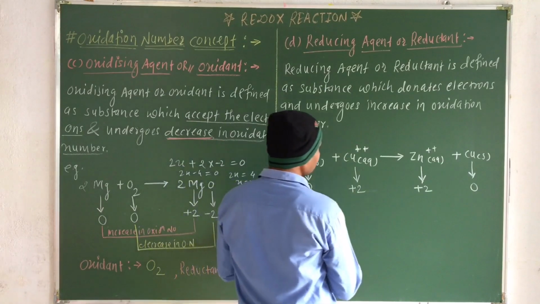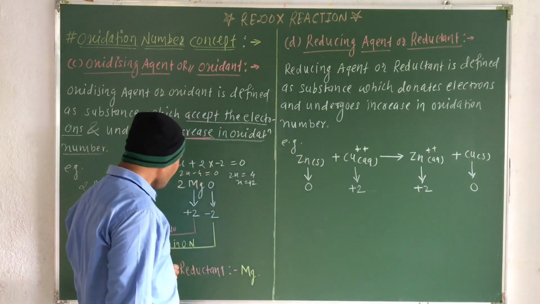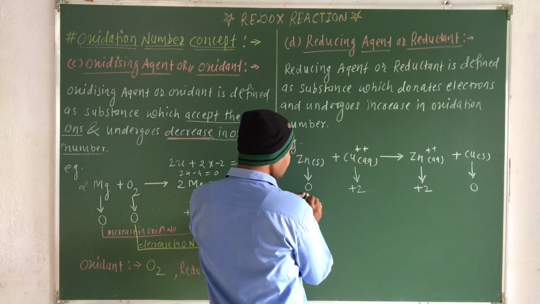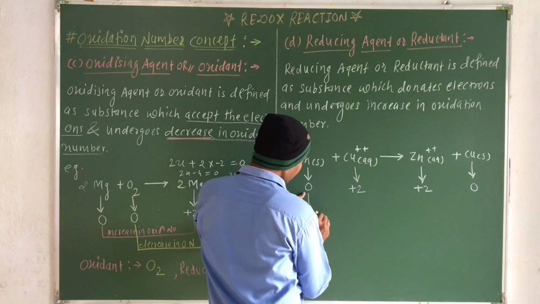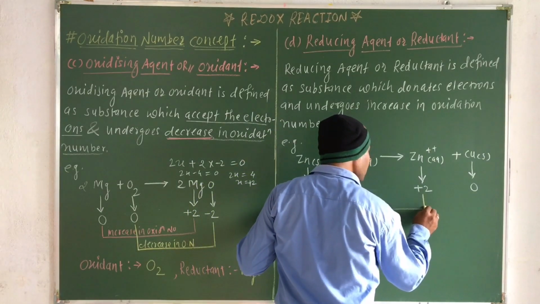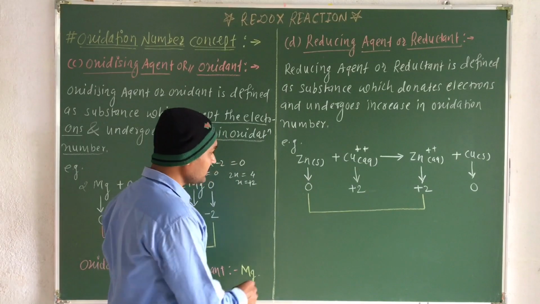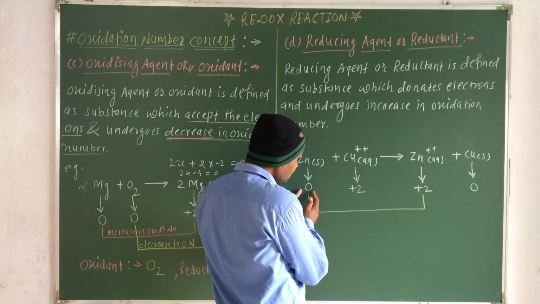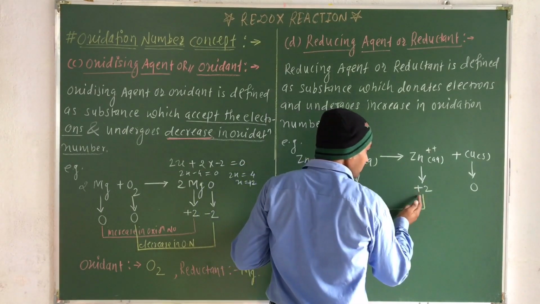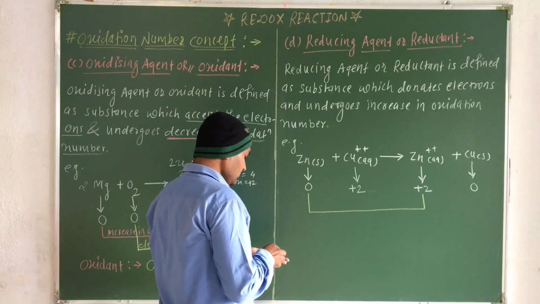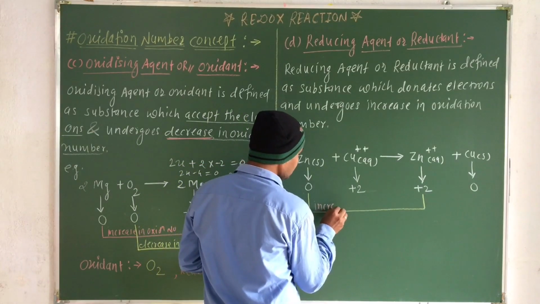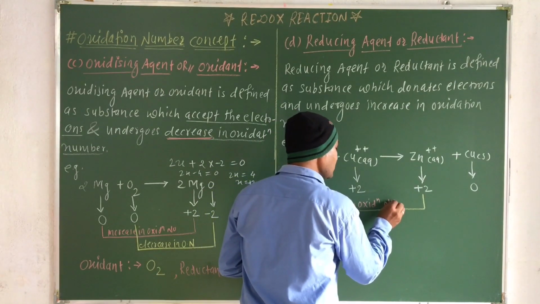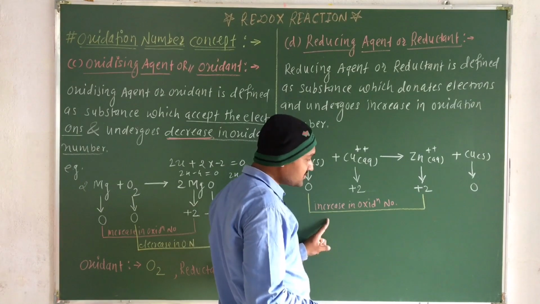Again, just find out the particular oxidizing agent and the reducing agent. Now here, as the zinc goes from 0 oxidation state to +2 oxidation state, you can write down here: zinc in solid having oxidation number 0 increases to +2. As we know, there is an increase in oxidation number, so this process will be your oxidation process, remember.